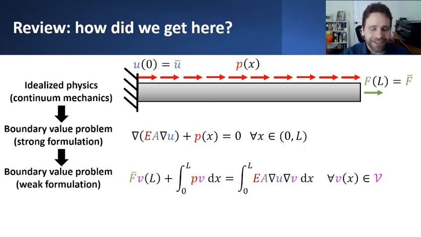And finally, we said, well, even though we've expressed it differently, now in this integral fashion, we've weakened some of the requirements of the solution fields that we're looking for, such that they don't necessarily have to be super smooth and continuous. They could potentially be discontinuous, at least in their derivatives.